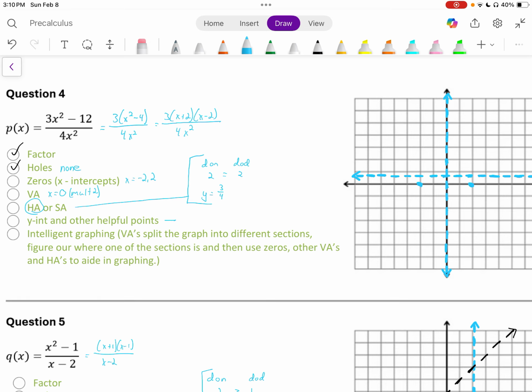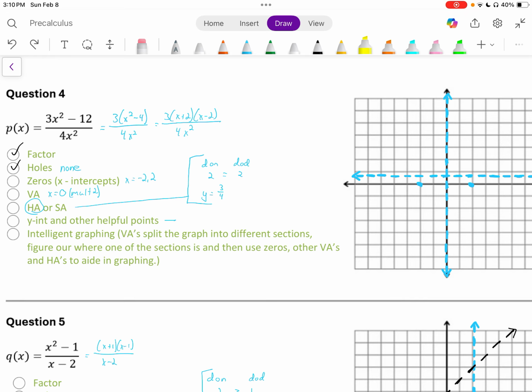Vertical asymptotes, that comes from the denominator, values of x that make the denominator 0, which is 0, and it is multiplicity 2, which means they'll go in the same direction on either side of the asymptote. Sometimes we've said it will bounce off infinity. So we have that drawn in there, x equals 0.